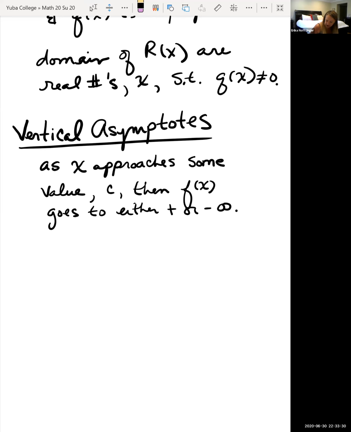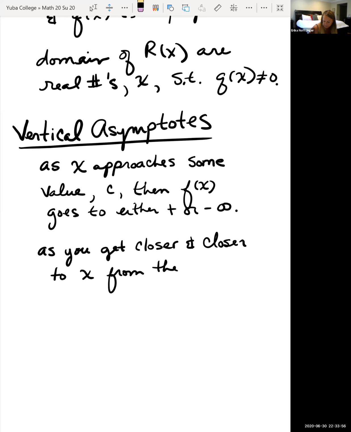So as you get closer and closer to x from the left, y goes to positive or negative infinity.